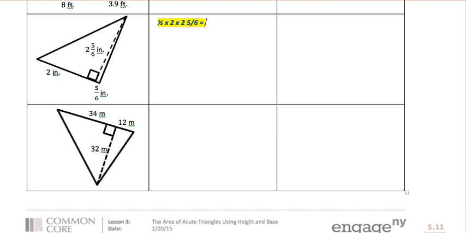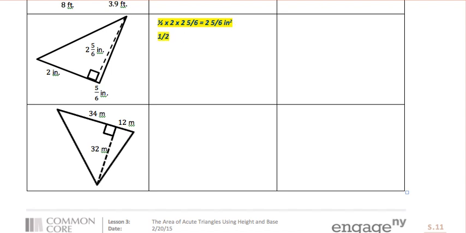And that is 2 5/6 square inches. And that may seem strange to you, but remember, we're multiplying 1/2 times 2, and 1/2 times 2 equals 1, and 1 times 2 5/6 is 2 5/6.